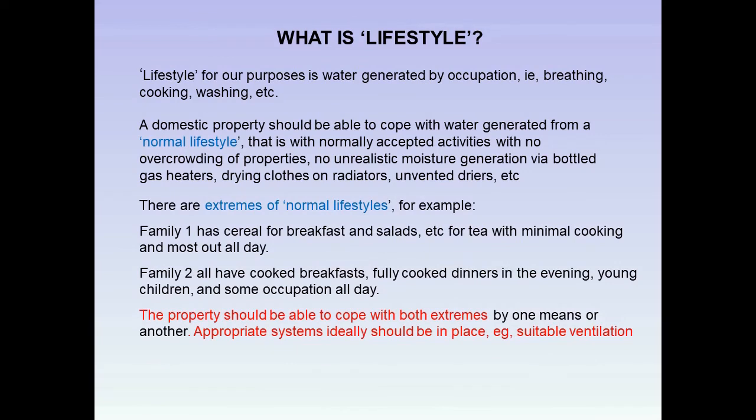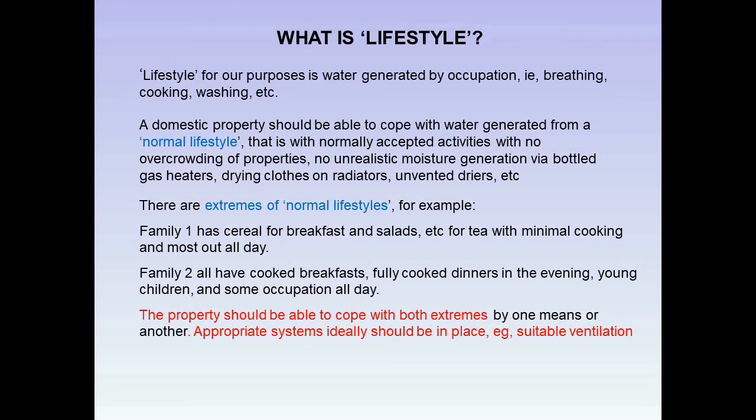And if we look at it, there are 2 extremes of normal lifestyles. Family 1 has cereal for breakfast and salads, tea, etc., with minimal cooking and mostly out all day. Family 2 all have cooked breakfast, fully cooked dinners in the evening, young children, and some occupation all day.